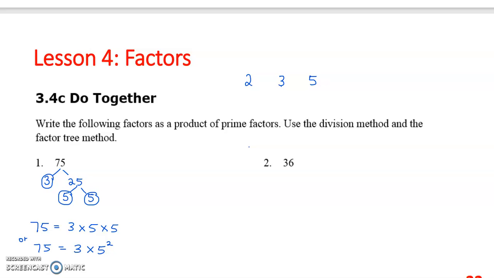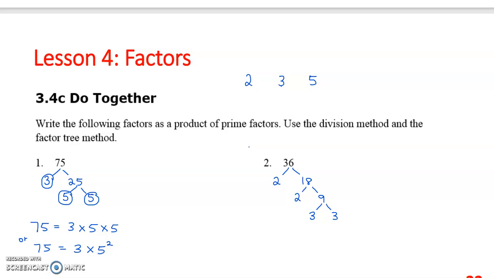For number 2, if we're looking at 36, I'm going to use my smallest prime number. So I'm going to divide by 2, which gives an answer of 18. Divide by 2 again, which gives an answer of 9. Now I can't divide by 2, but I can divide by 3. So 9 divided by 3 equals 3.